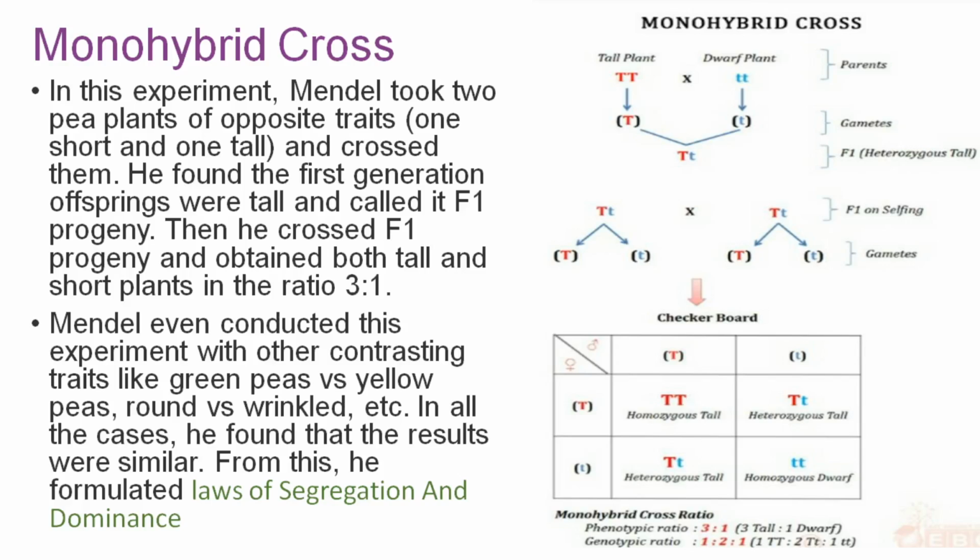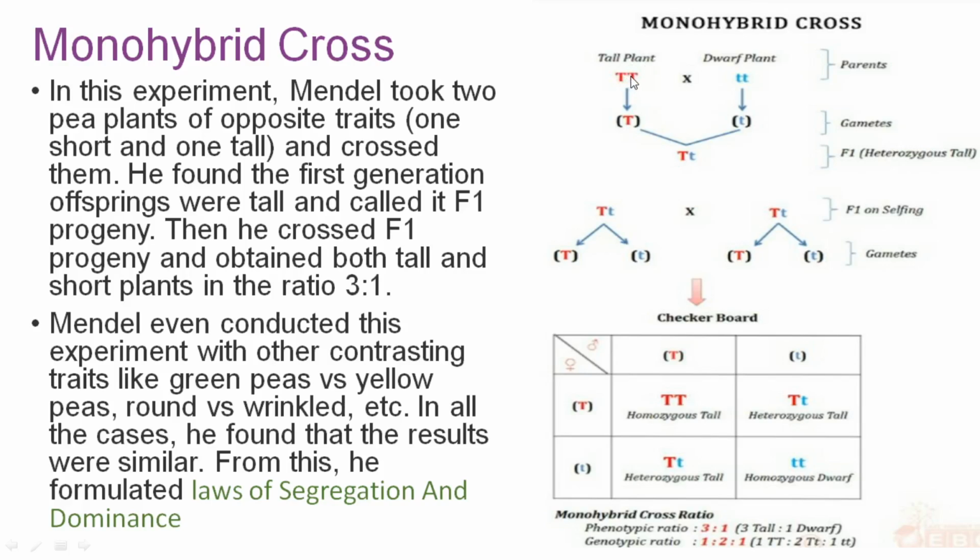In this monohybrid cross experiment, he has taken 2 traits, the tall plant and the dwarf plant. The tall plant is written as a letter, and this is the gene. In one gene we have 2 alleles, and here one is dominant.